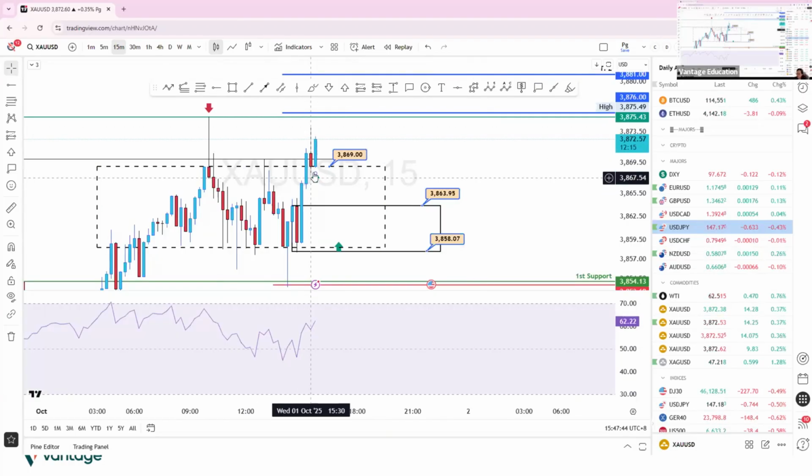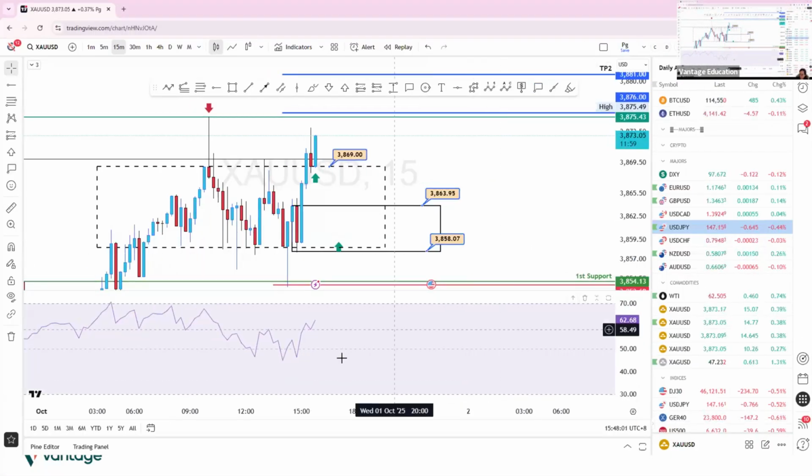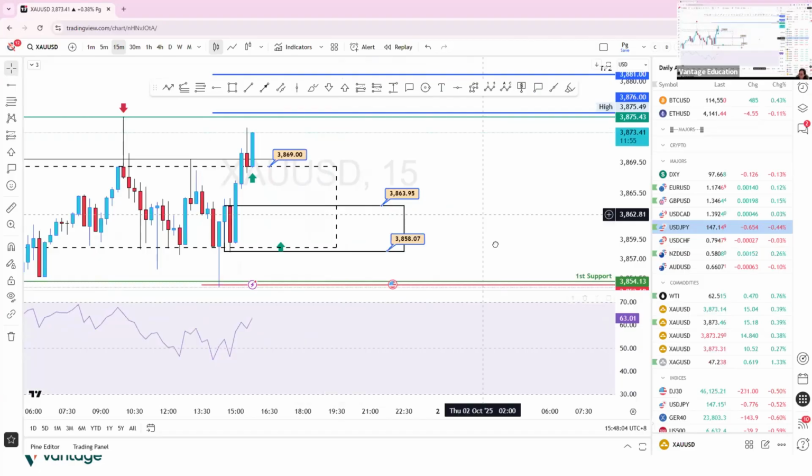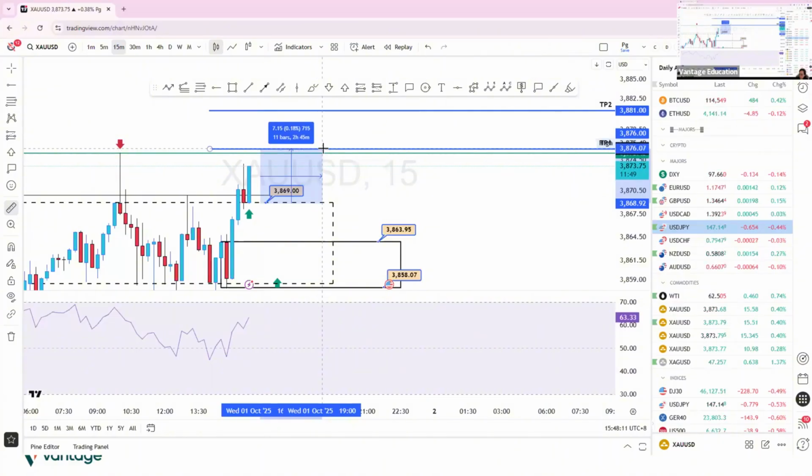Okay, now if price is rising from, let's just say you enter at 68, 69, now it's about 30 pip. TP1, 70 pip.